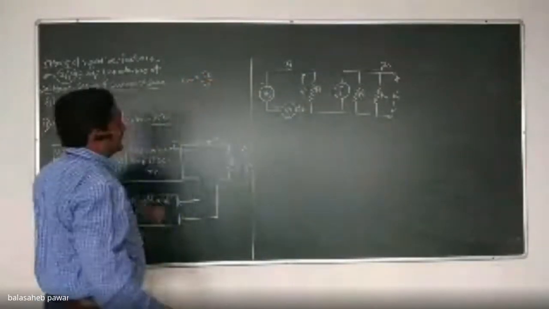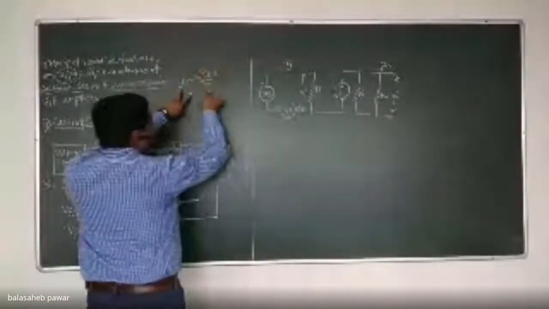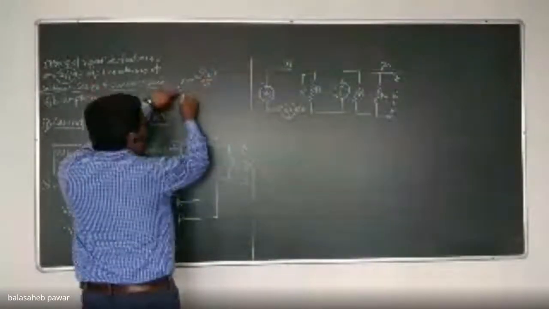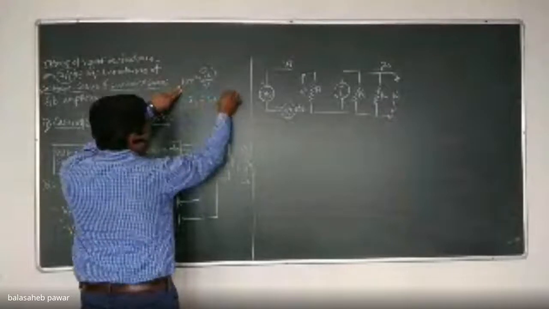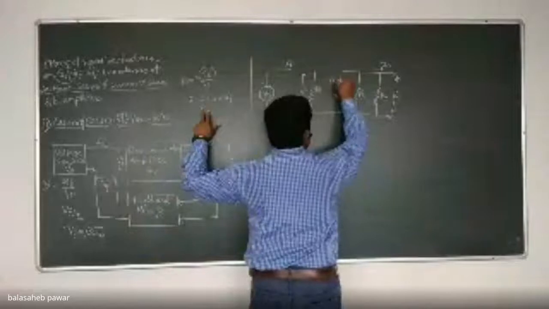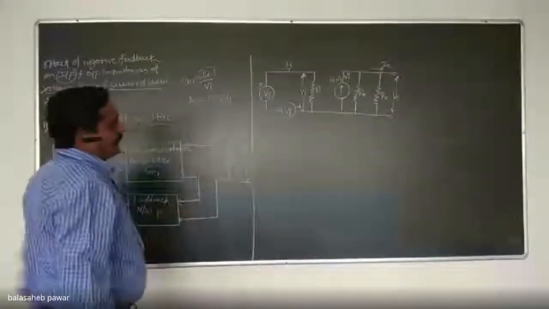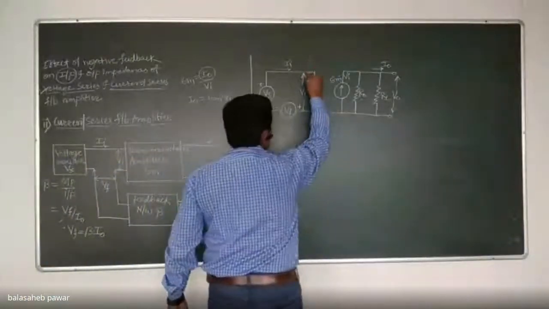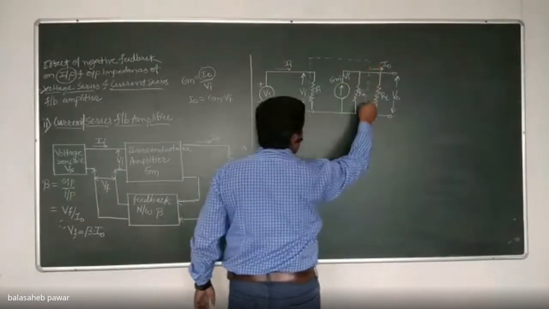Is it right? That is output current divided by input voltage, that is nothing but transfer gain. And hence this IO equals what? GM into VI. The same thing you have to write over here, GM into VI. Clear? And this one is nothing but the transconductance amplifier.